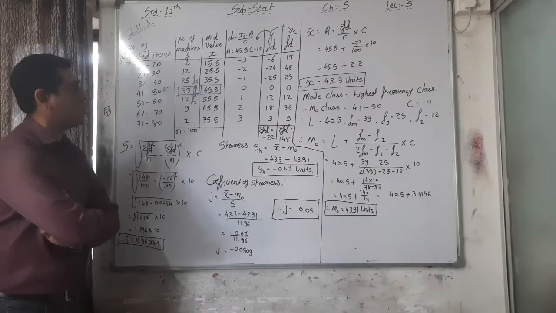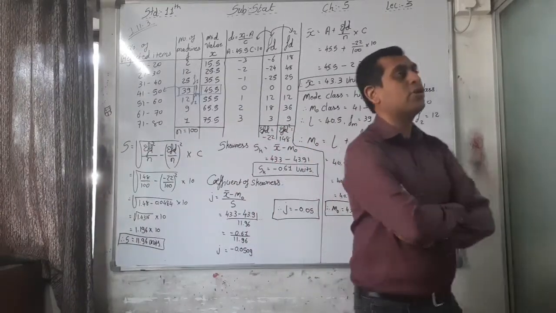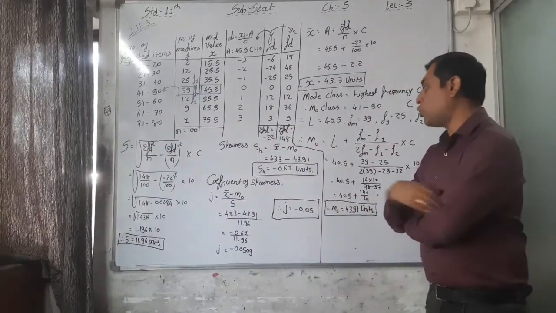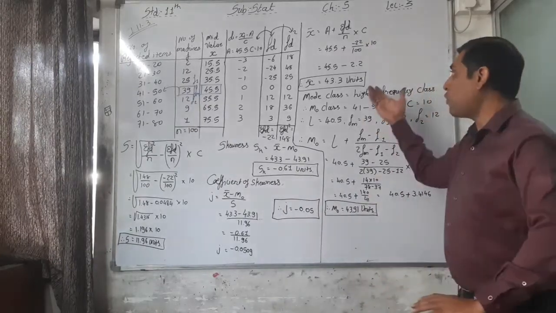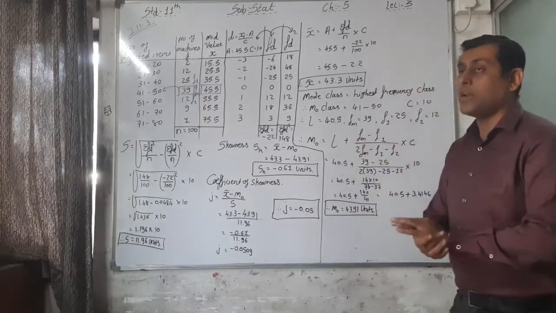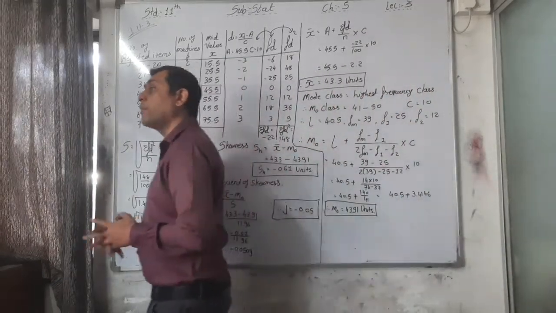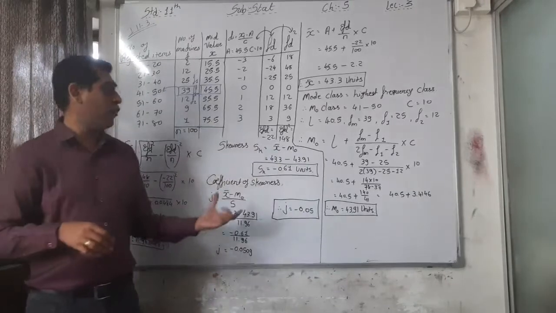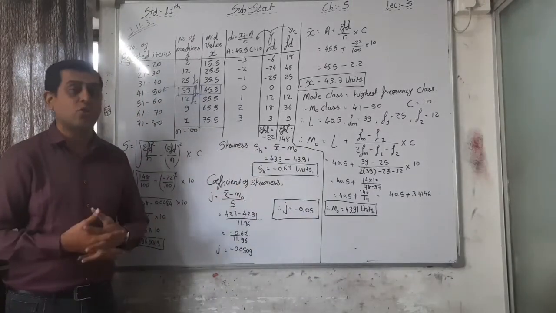Here you have to remember all the formulas from chapter number 3 as well as the 2 formulas of chapter number 5. We are finding out first of all x bar, then mode and standard deviation on the basis of chapter number 3 and 4. But the new formulas for chapter number 5 are only 2, that is skewness and coefficient of skewness.